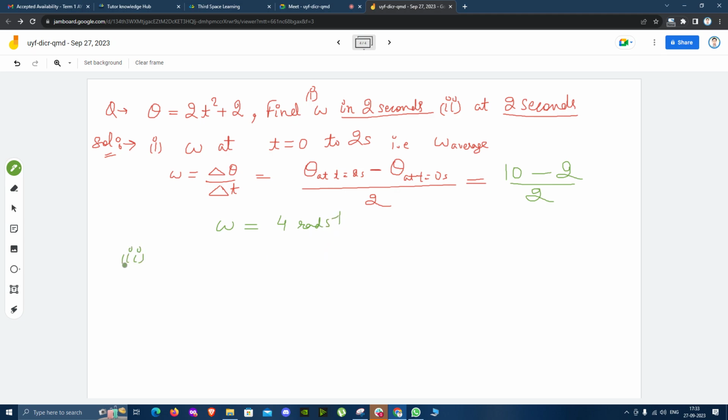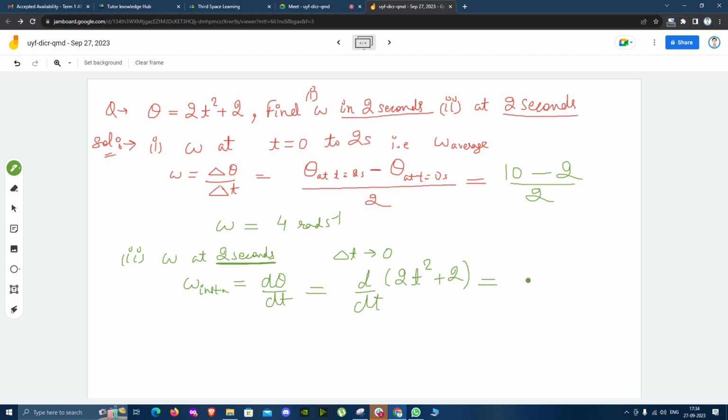Now on the second part, here we have to find omega at 2 seconds, exactly at 2 seconds. Remember, in that case the formula is the instantaneous angular velocity, d theta by dt, not delta theta by delta t, because now we are talking about an instant of time, so delta t will be approaching 0. In that case we apply this formula, and it is simply differentiation. You can put the value of theta here, 2t square plus 2.